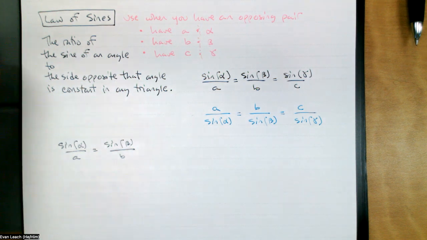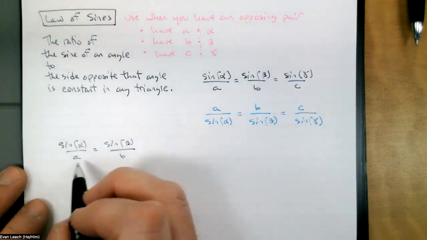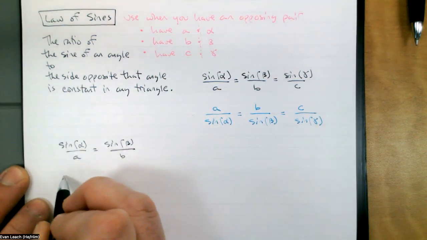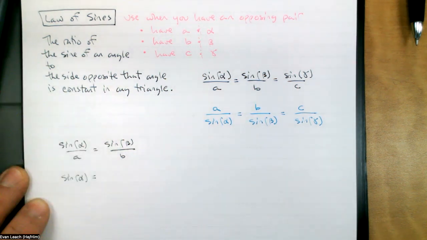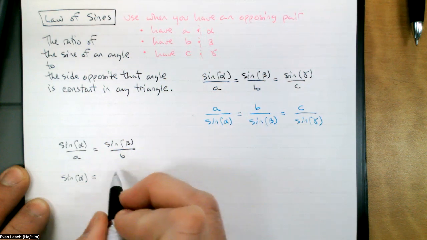If I'm going to use it to solve for alpha, I want to multiply both sides by A. So I'd say sine of alpha is equal to A times the sine of beta over B.